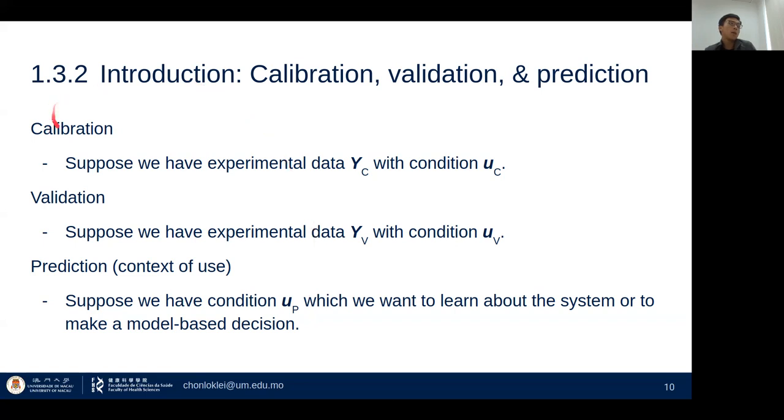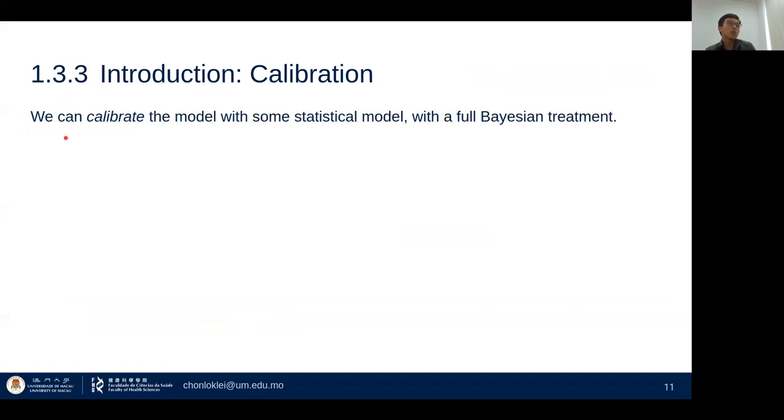And then when it comes to calibration of the model, we can calibrate the model using a statistical model with a full Bayesian treatment, for example. This is just one of the methods that we like to use, and I will mention another method later in this talk.